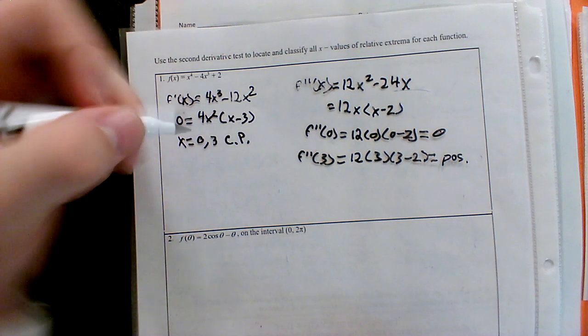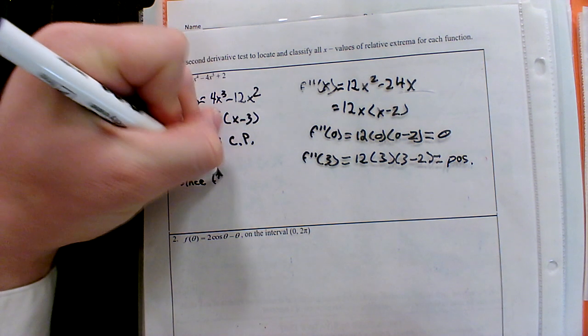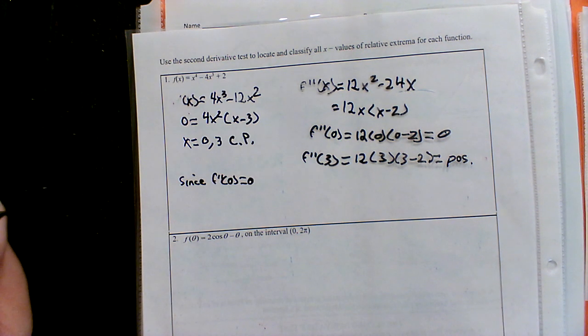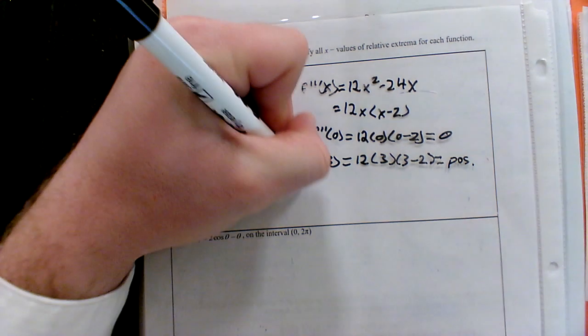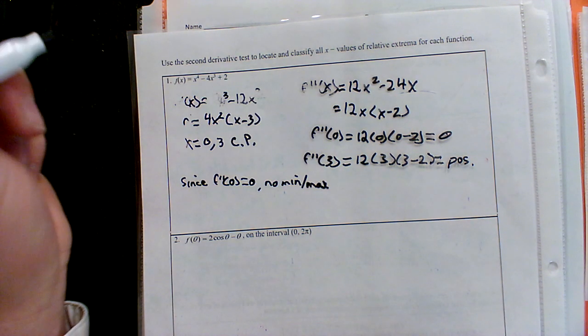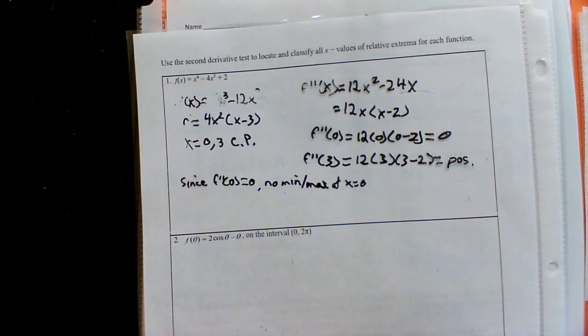Okay? So now let's write our conclusion. Since f double prime of 0 equals 0, no min, I'm going to put slash max, you can put no min or max at x equals 0.